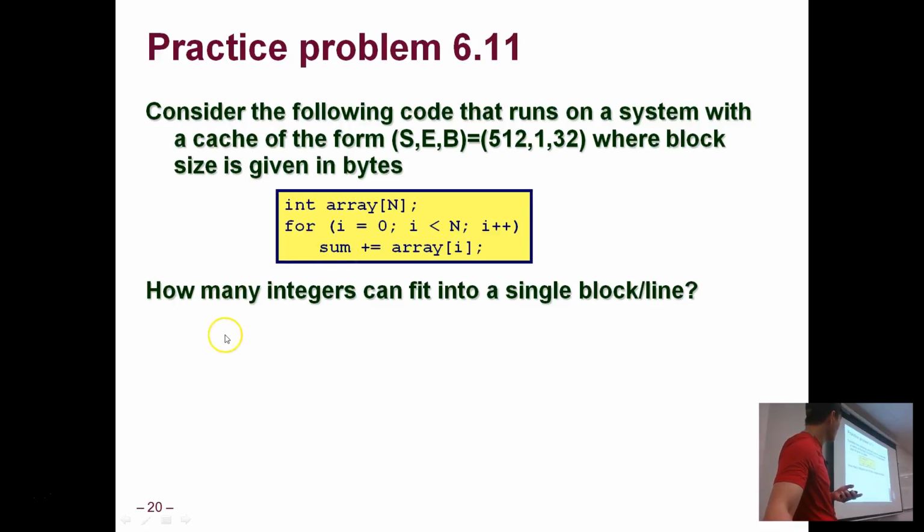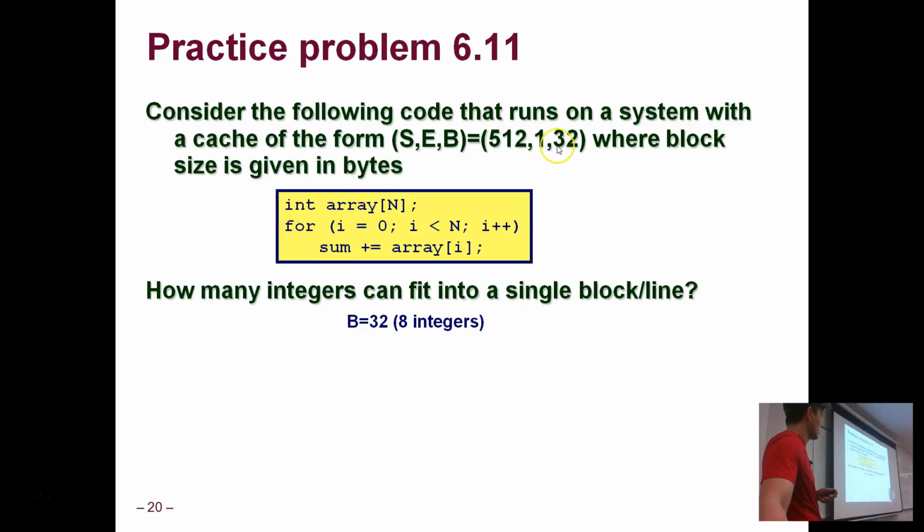The first thing I want you to answer is how many integers can fit into a single block, given what you know about this array and the block size. So 8, right? So 32 bytes, each one of these ints is 4 bytes. So 8 integers can be stored on a single line.